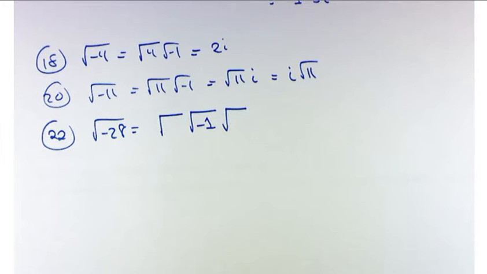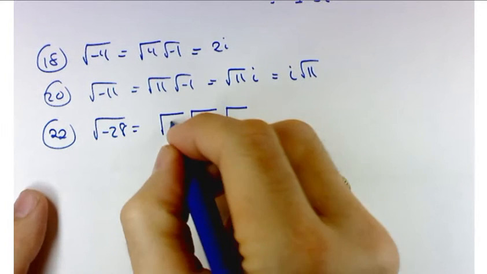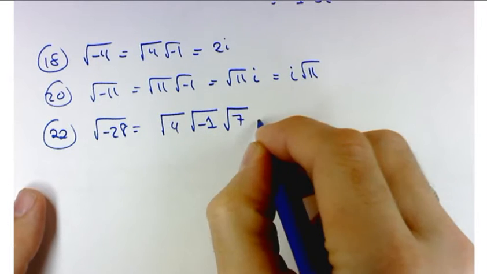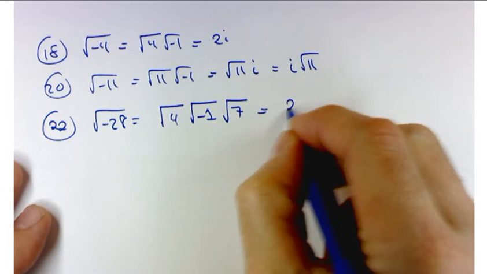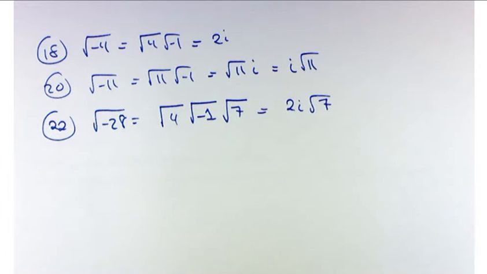Now 28. How would I break up 28? What numbers can I use to break up 28? Good, 7 and 4. I'll put the 4 out here and the 7 here. Kara, how would that simplify then? Yeah, 2i, and you're right, the square root of 7 is just going to stay there. So 2i times the square root of 7.